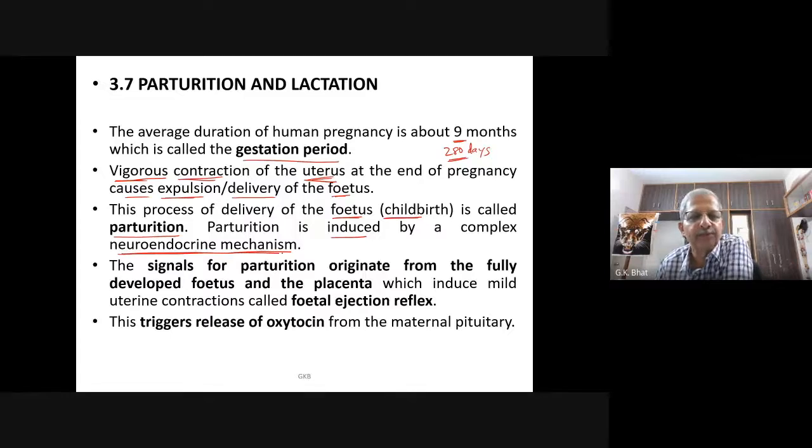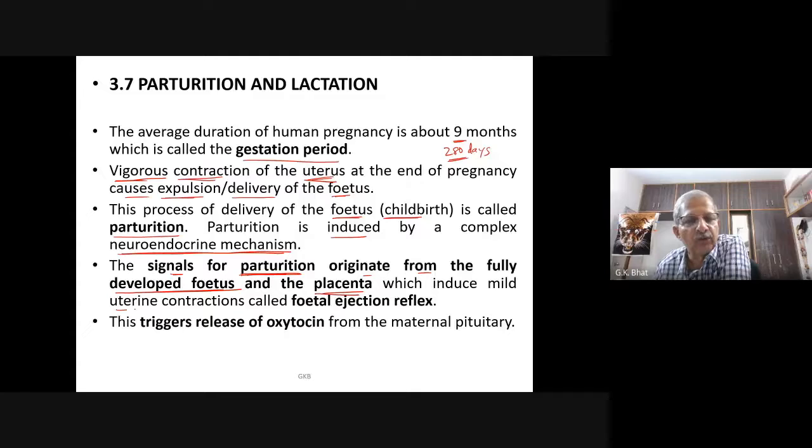What is that? The signals for parturition originate from the fully developed fetus and the placenta.